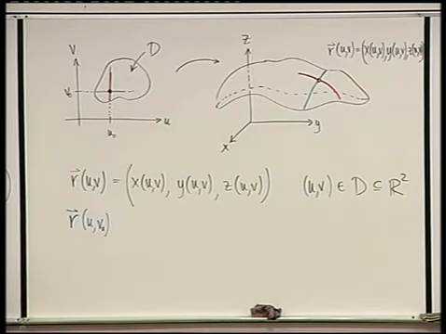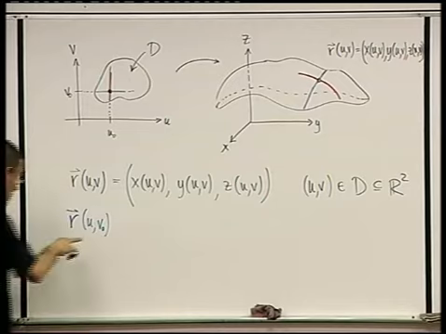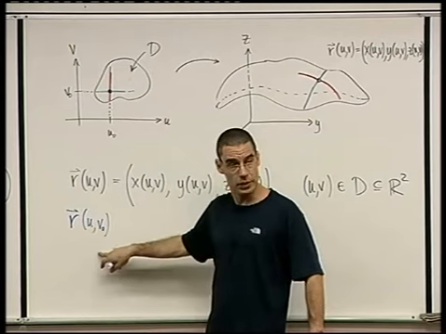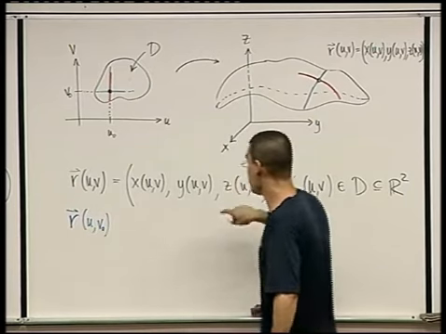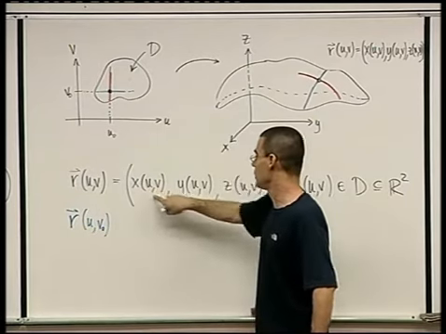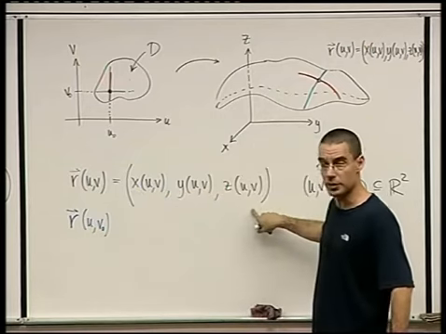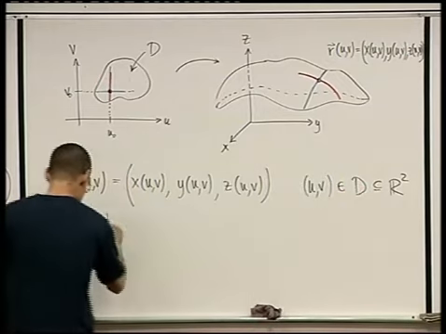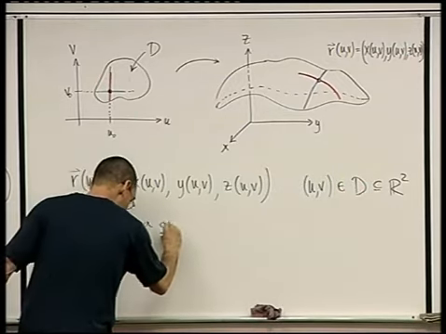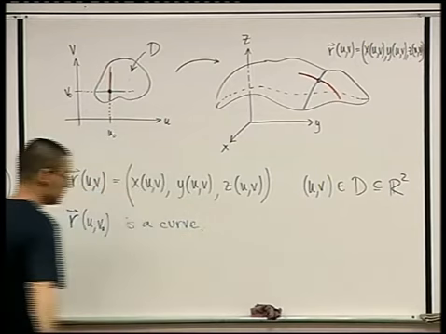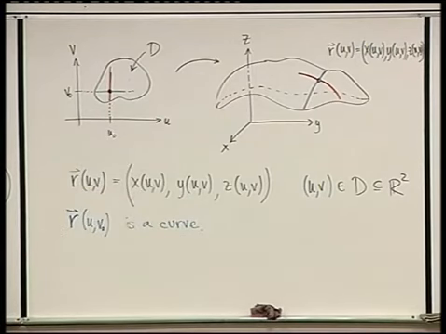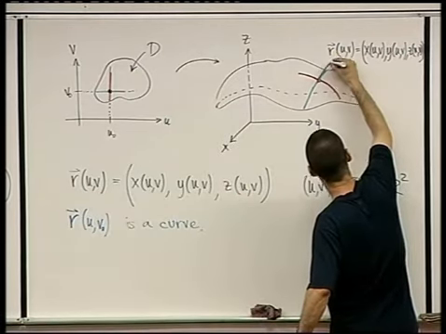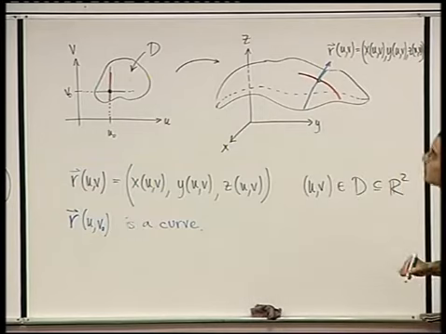So those are the points that are going to be along that blue line. And do you agree that it's a curve? It has only one parameter, U, V0 is fixed. Okay, so it's points of the form x of U, V0, y of U, V0, z of U, V0. Do you agree? Okay, so it is a curve. And what's going to be the tangent vector to that curve at this point?